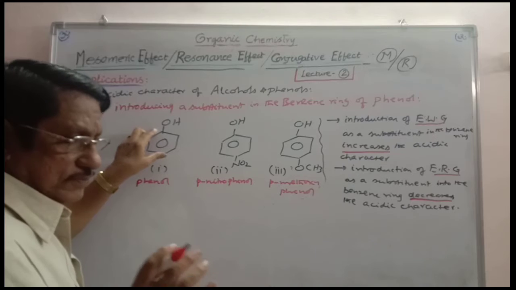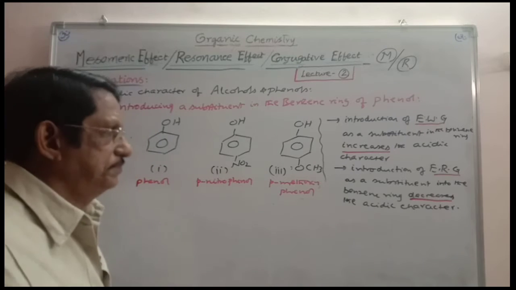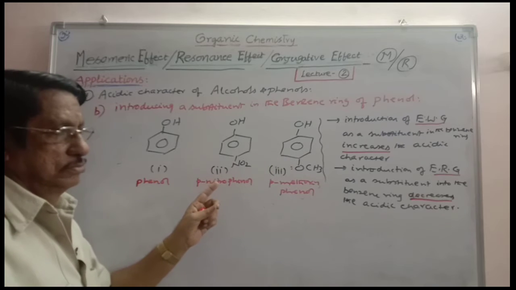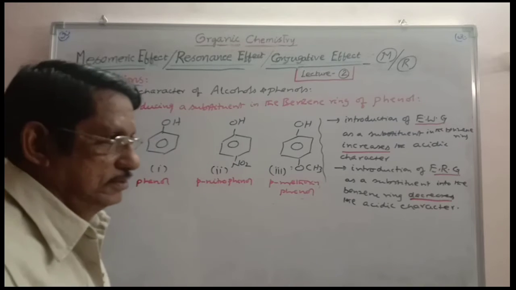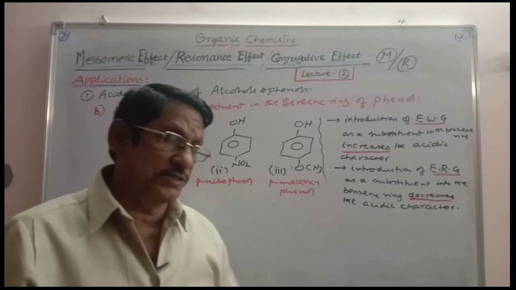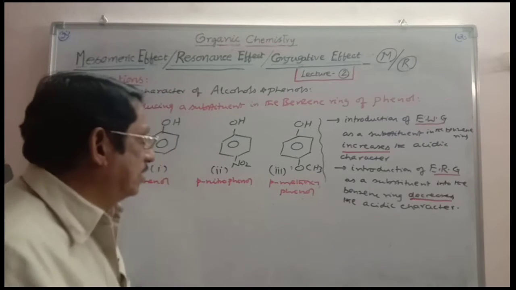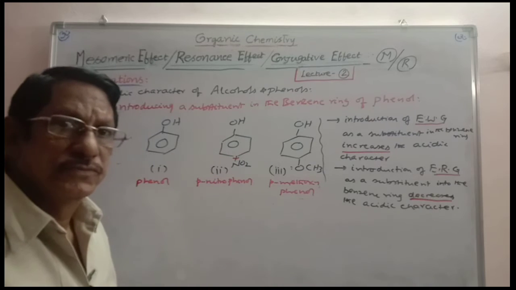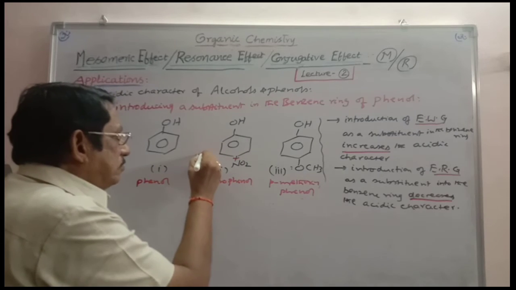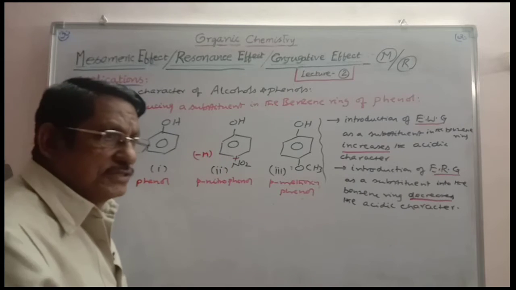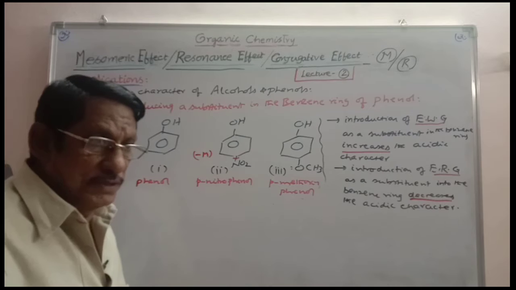Let us start: phenol is having a certain minimum acidic character. Which of these two is more acidic than phenol, less acidic than phenol, or equal to the acidity of phenol? That you have to decide. In the case of the nitro group, it is electron withdrawing. It is always exerting minus mesomeric effect, don't forget, to whatever group it is attached, whether it is sp2 or sp.